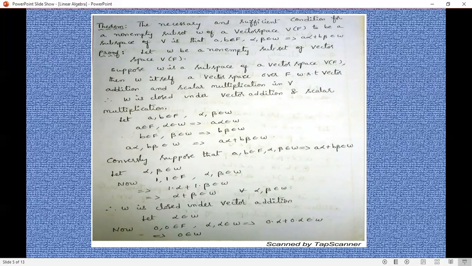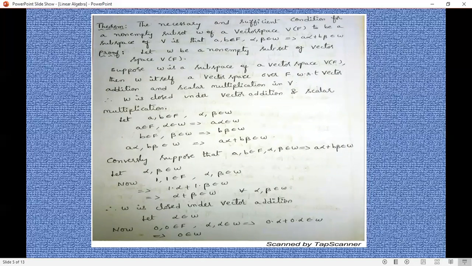That means a belongs to F, alpha belongs to W implies a alpha belongs to W, since W is a subspace of the vector space V over F, that means W itself is a vector space.